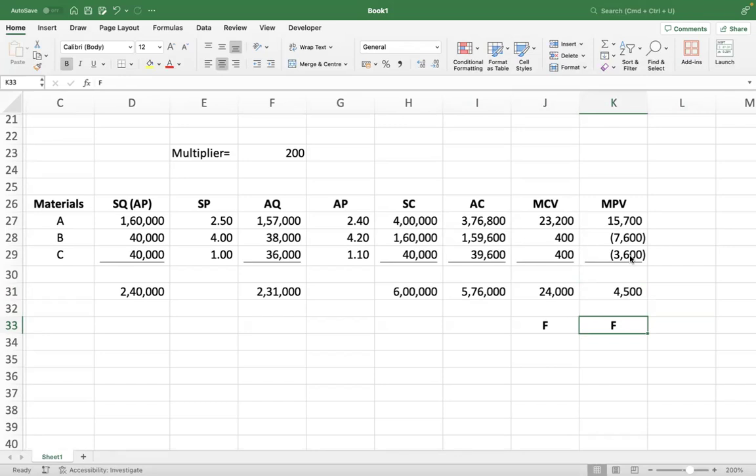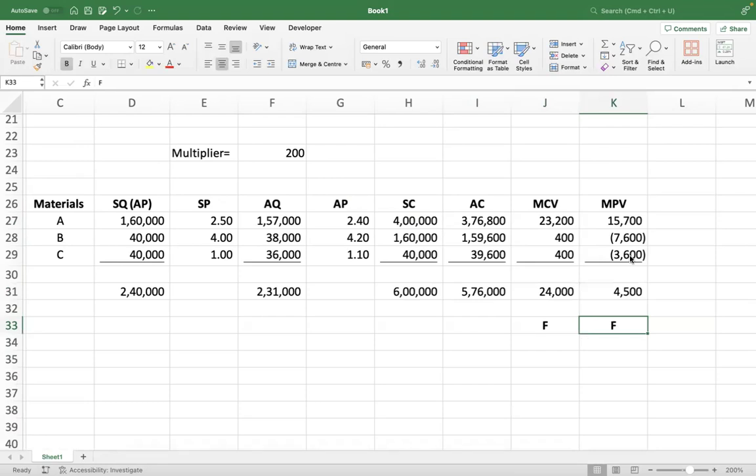But if you drill down deeper, you will see that A is favorable, but B and C are adverse. So A is the only material where we have negotiated the price properly with our suppliers. Yes, for B and C it is negative.